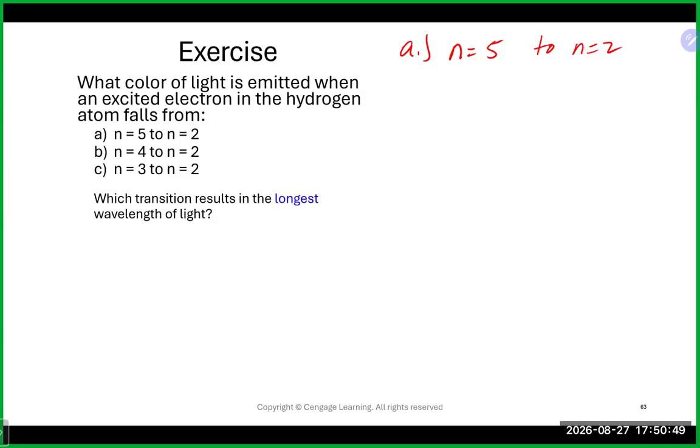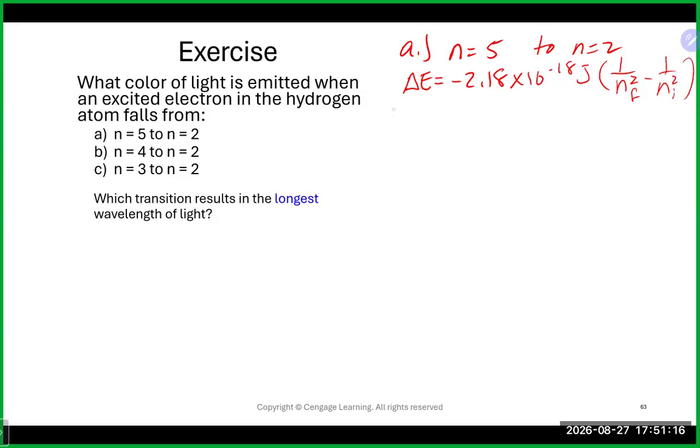So once again, in this case, we are only given the energy levels. So we can use the Rydberg equation to calculate what's happening here. We have 2.18 times 10 to the minus 18 joules, times 1 over our final squared minus 1 over our initial energy level squared.